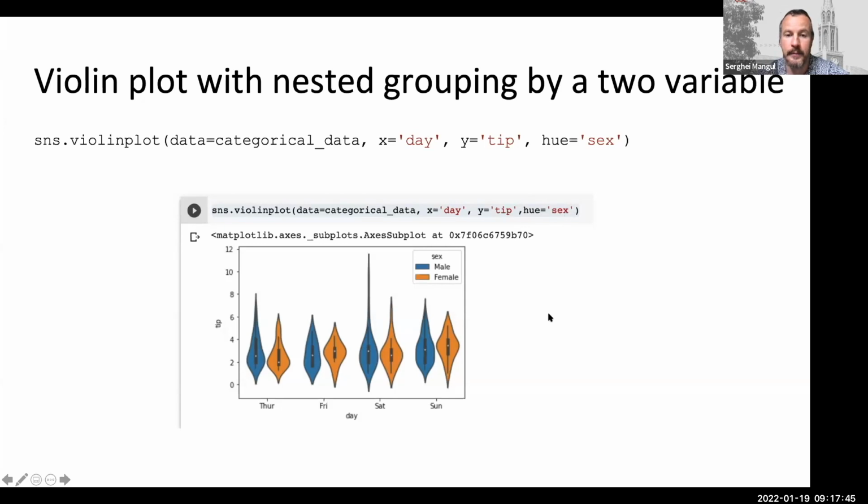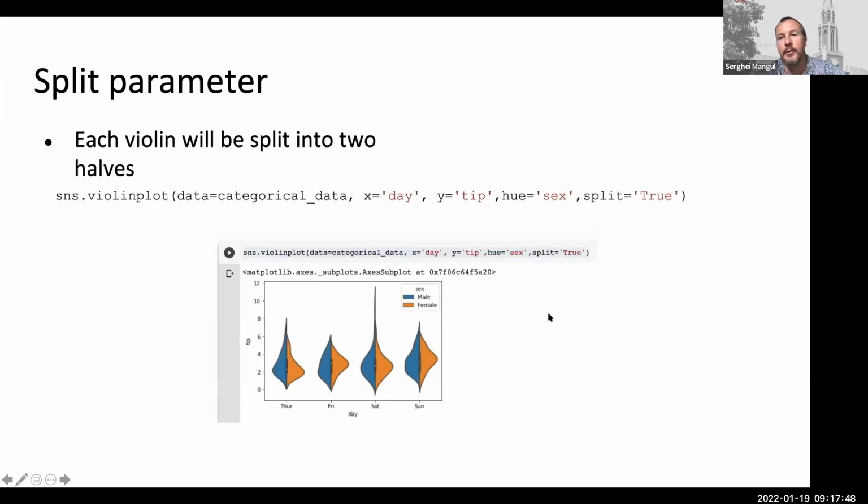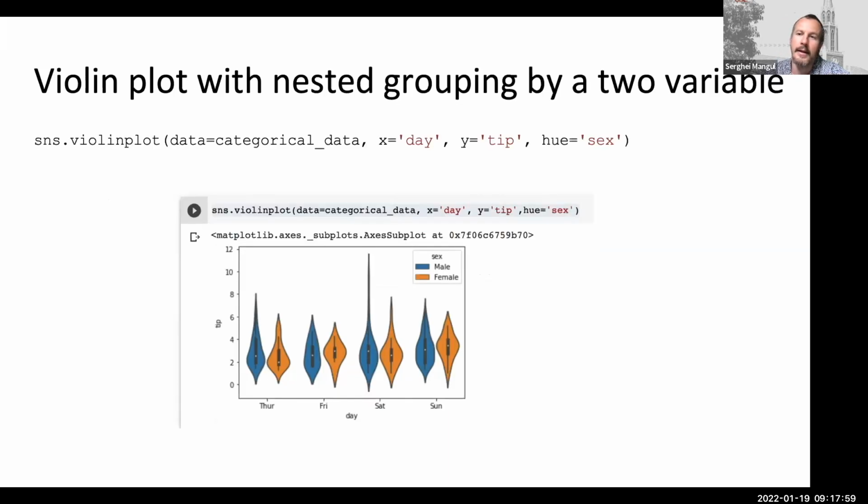There is actually a quite nice option, and I think it's unique to the violin plot. If you look carefully at the violin plot, it's symmetrical, obviously. If you draw a vertical line and divide it in half, half is actually enough.